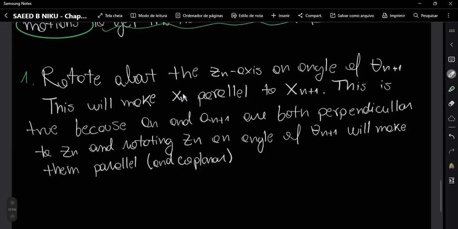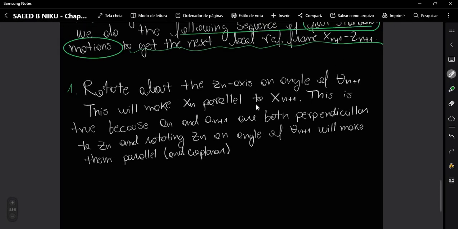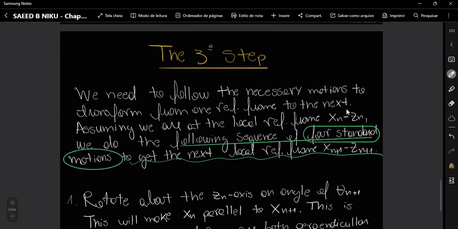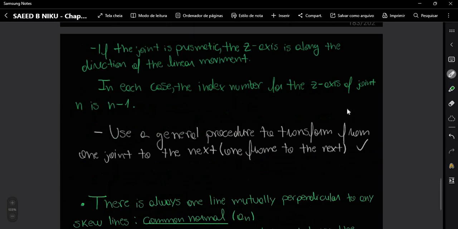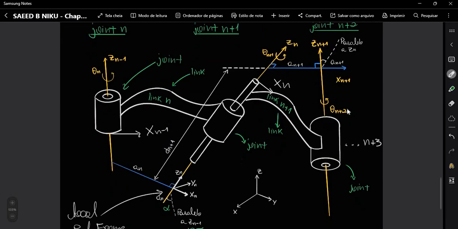Okay, so let's see. First motion is a rotation about the z axis, an angle of theta n plus 1. First is a rotation right here with an angle of theta n plus 1. Let me make this bigger.